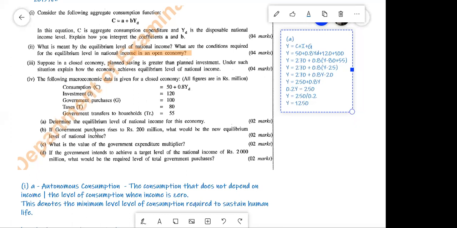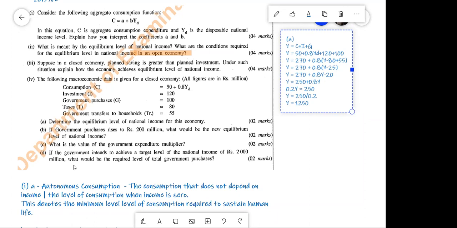Then the second one: if the government purchase rises to 200 million, what would be the new level of equilibrium? So two ways of doing this. One is you can make that 100 into 200 and do the calculation all over again. Or else you can find the multiplier, find the change, and do it.